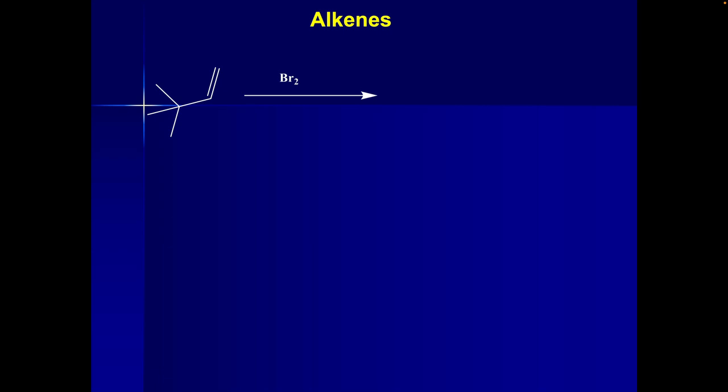What's 4? Butane. If it were an alkane, yes, butane, but this is an alkene, so it's butene, right? It's going to be a 1-butene because we're going to start our numbering here. We always want to give the lowest number to our alkene.